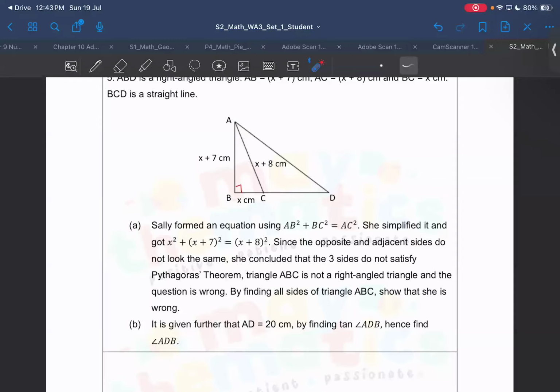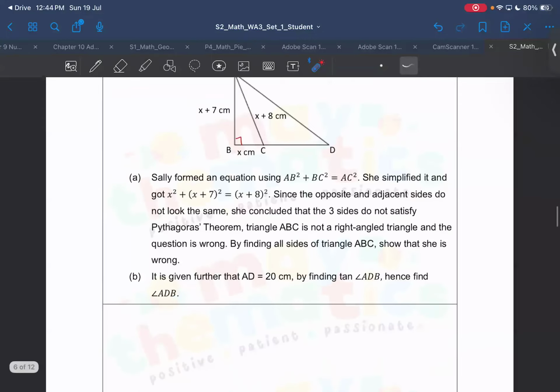She said opposite and adjacent is technically either this or this, but it doesn't matter. For this, you need to find the length of this and this first, then use Pythagoras to check, because remember, for Pythagoras it doesn't matter whether it is adjacent or opposite. This question calls it opposite and adjacent to let you know that she's referring to this and this. They can swap for Pythagoras.